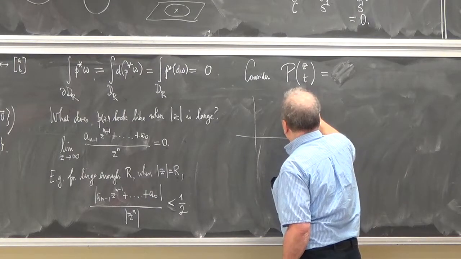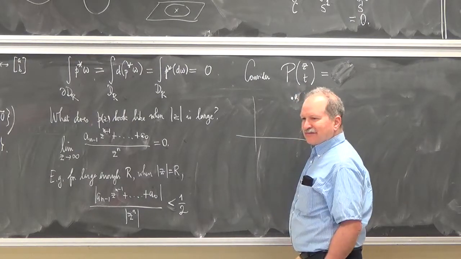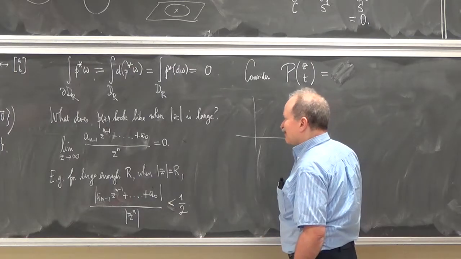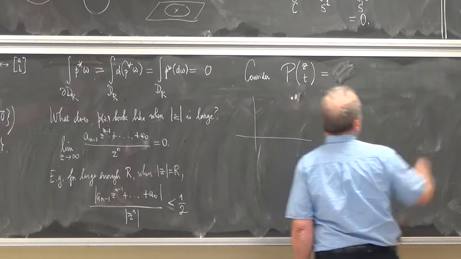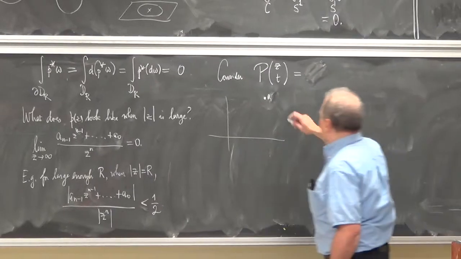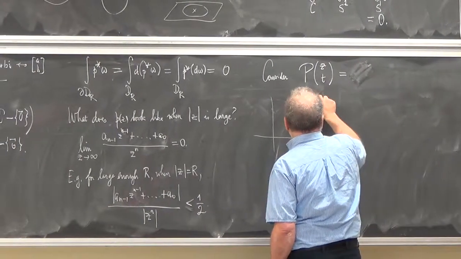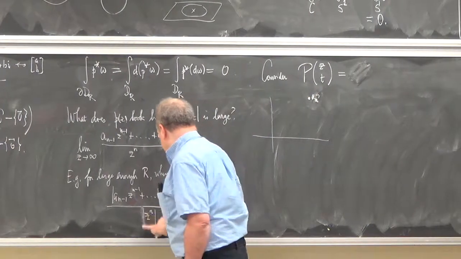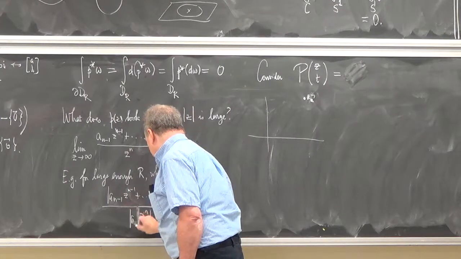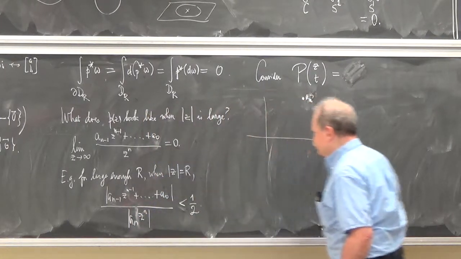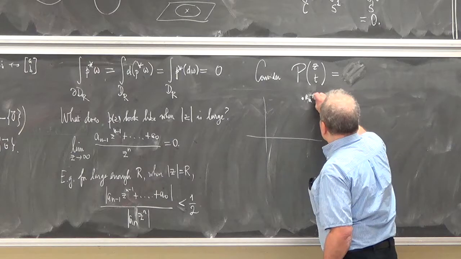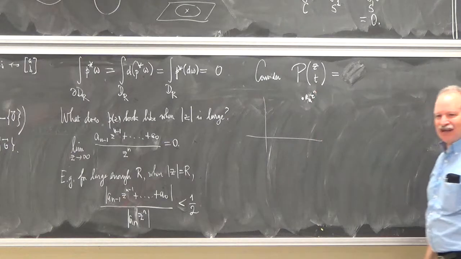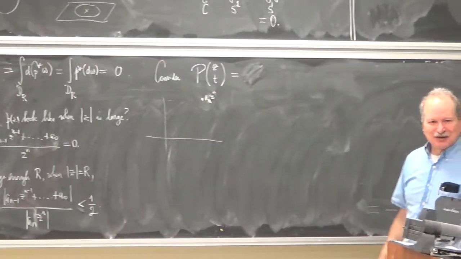The a_n is really irrelevant. I should have said we can assume a_n is 1 from the very beginning, but I didn't do it.